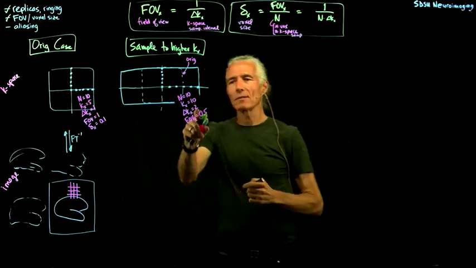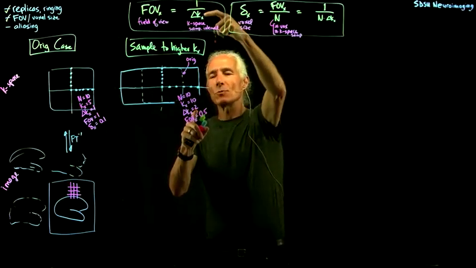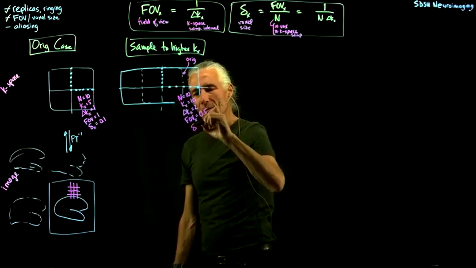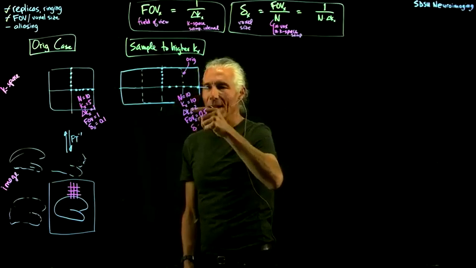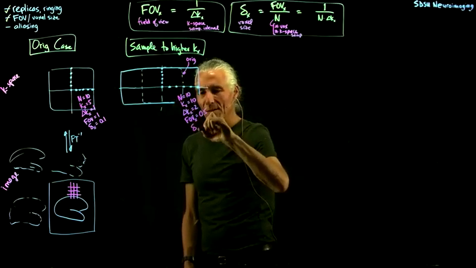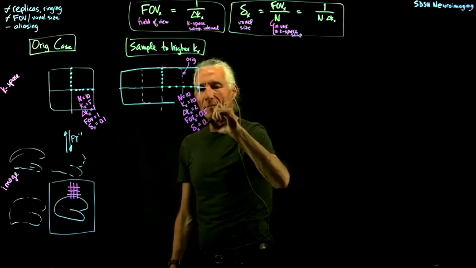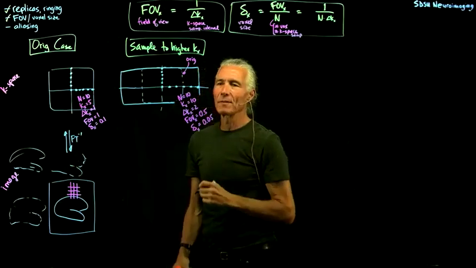It was 1 over 2, so we got 0.5, and so then the voxel size, we're dividing by the same number of voxels, so the voxel size is going to be smaller, half as big, 0.05.